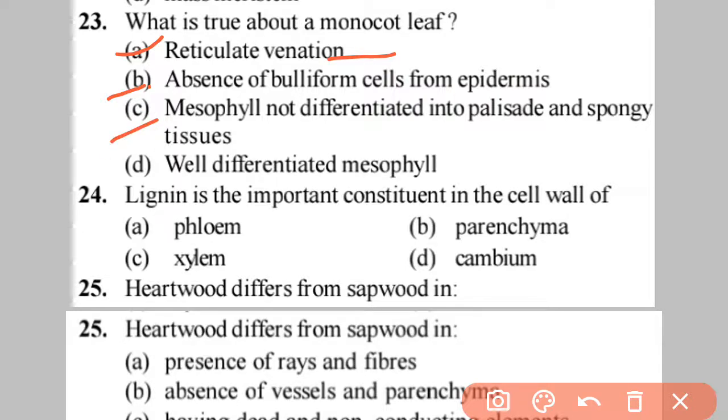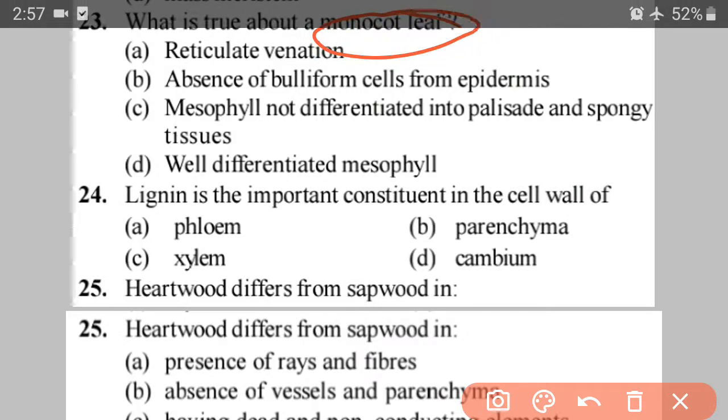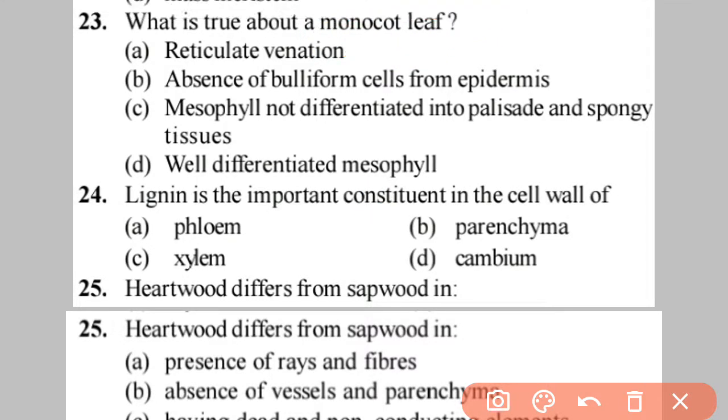The third one is mesophyll not differentiated into palisade and spongy tissue. And the last one is well differentiated mesophyll. So for monocot leaf, basically mesophyll is not differentiated into palisade and spongy tissue. Okay. So option C is correct.